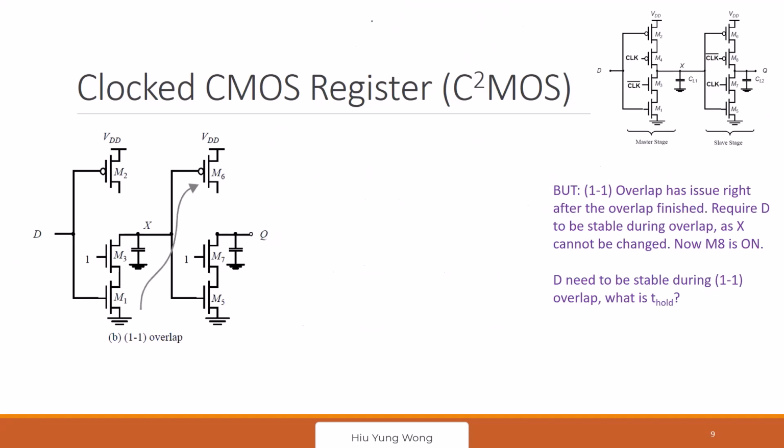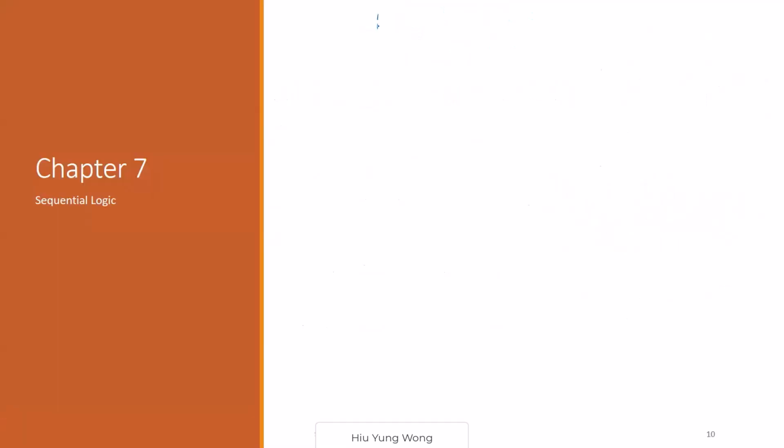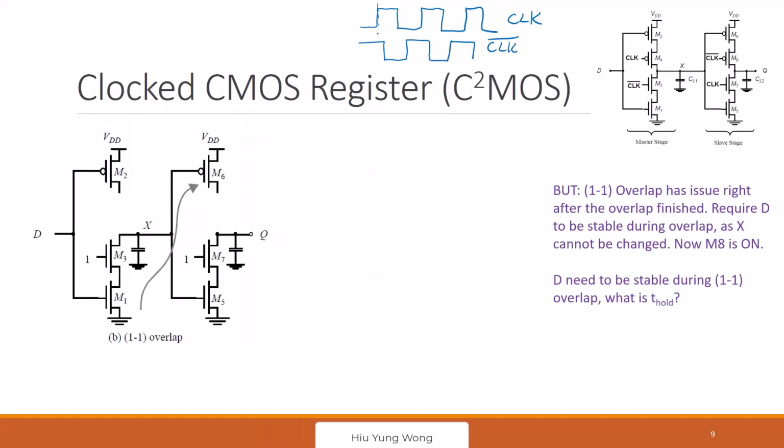Let me draw the clock again, right? This is the clock. And this is the clock bar. Okay? And the overlap is here.